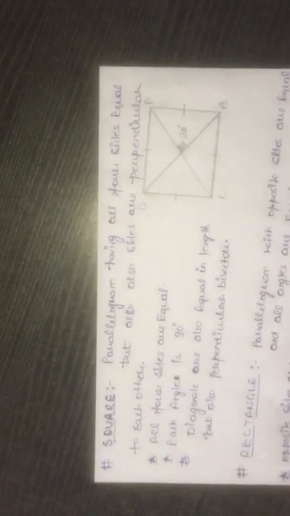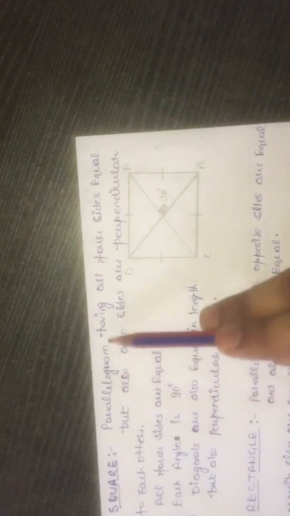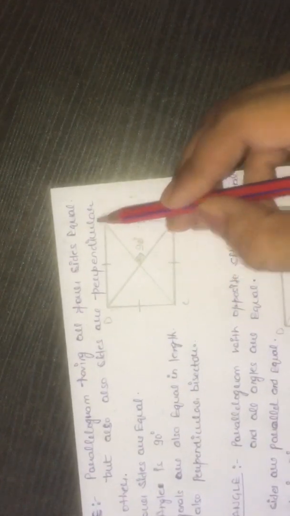The next one is square. What is a square? As you know, all four sides are equal. So it is a parallelogram having all four sides equal, but also in a square each angle is 90 degrees.